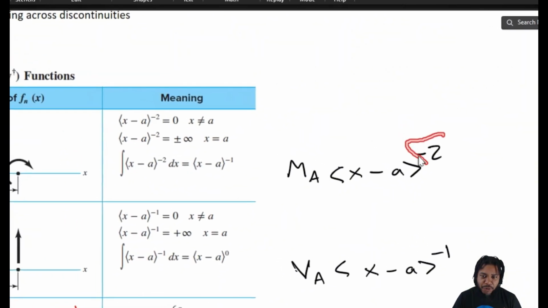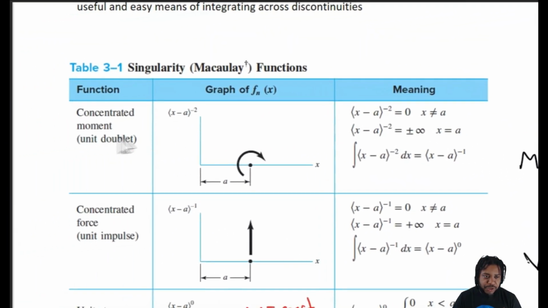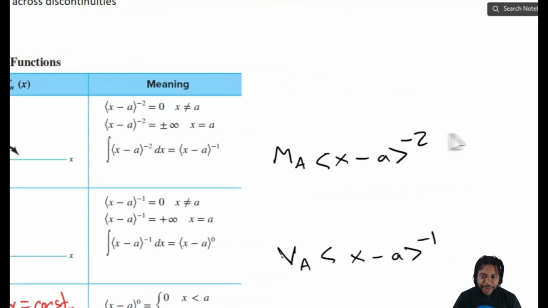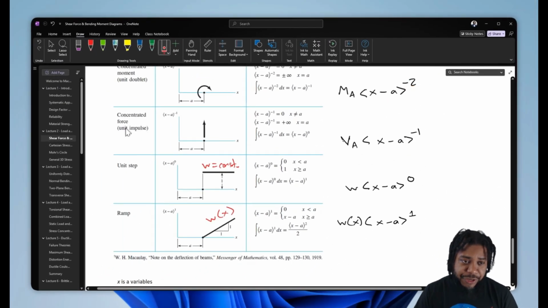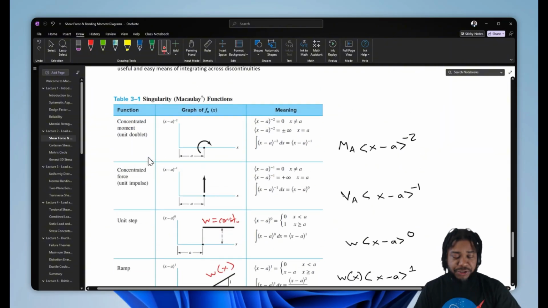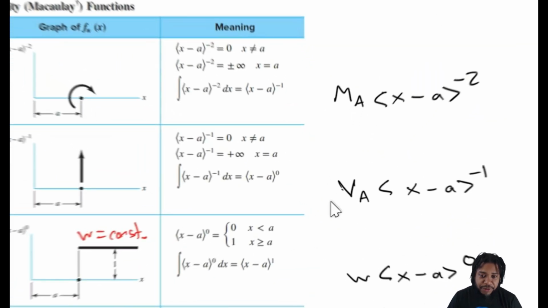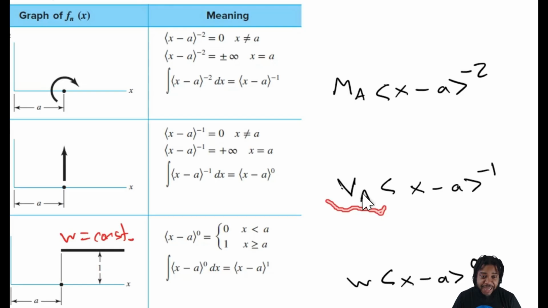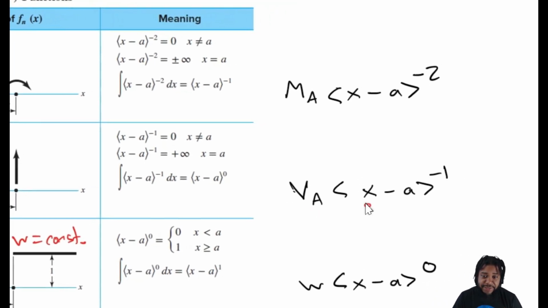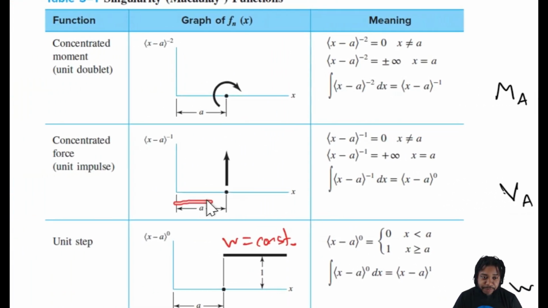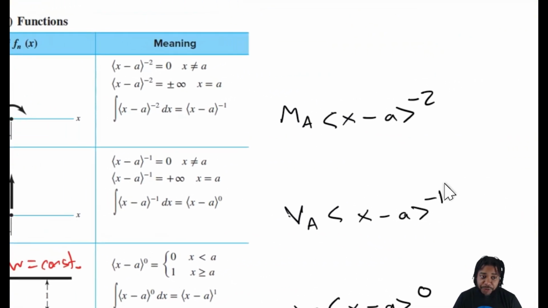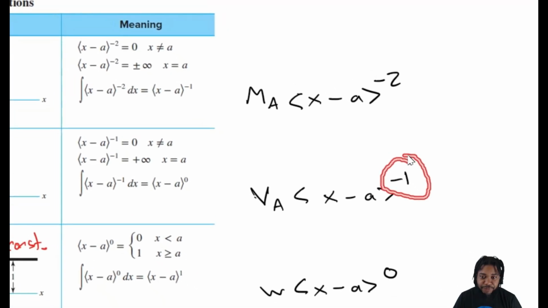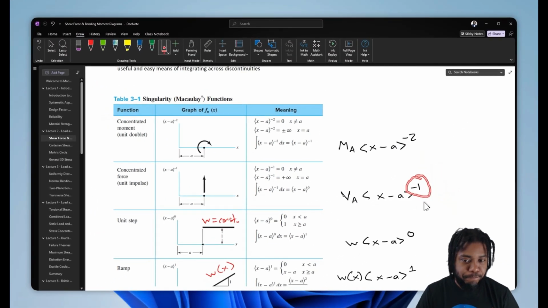And then our power is going to be -2 for a concentrated moment. For a concentrated force, so an applied force to our body, we'll put the value of that force, say it's V_A, and we'll put brackets x minus a, where a is the position where that concentrated force is applied, and then our power for concentrated forces is -1, right?